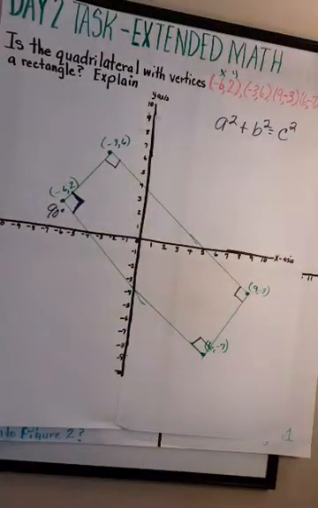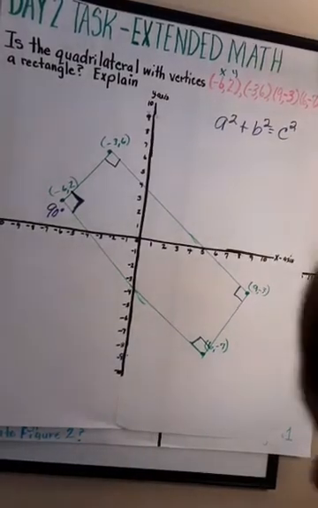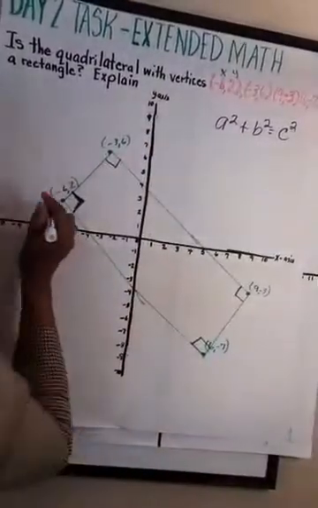Oh, I tried to show you how it looked. Do you have a sheet with the coordinate plane? And you got some points. You got this diagram that we just drew on that sheet labeled.